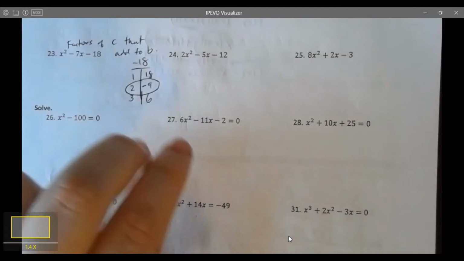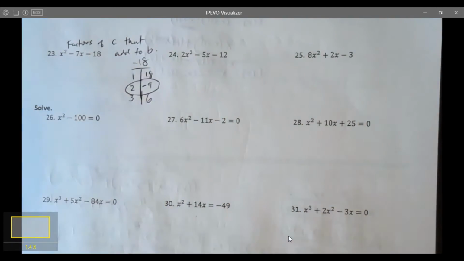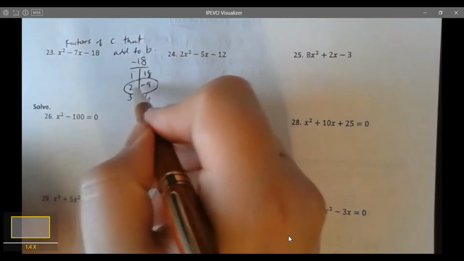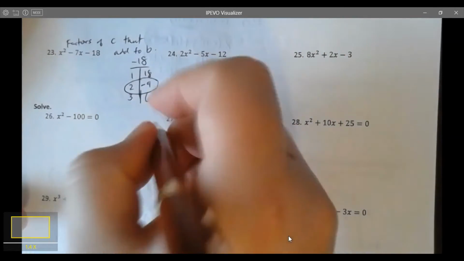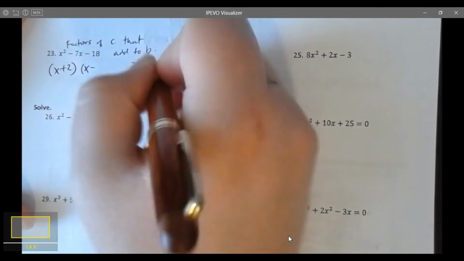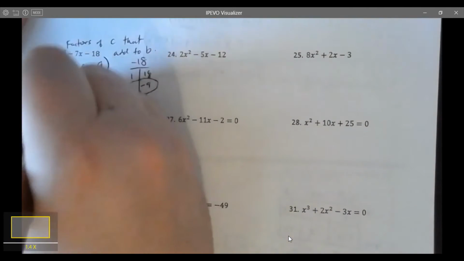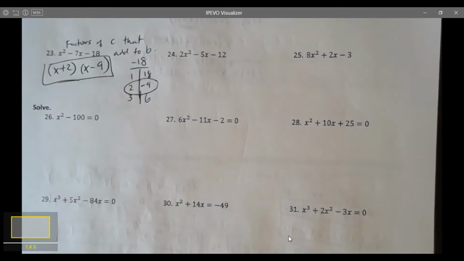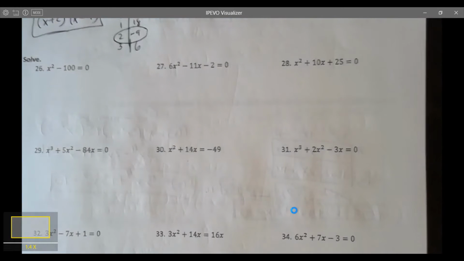When I multiply negative 9 times 2, I get my negative 18, and when I add them together, I get negative 7. So this will factor as x plus 2 times x minus 9.